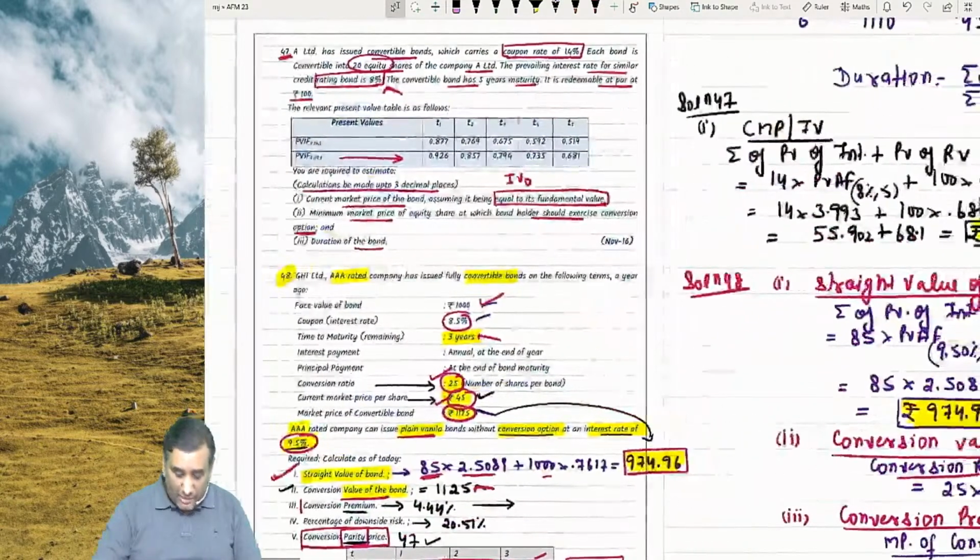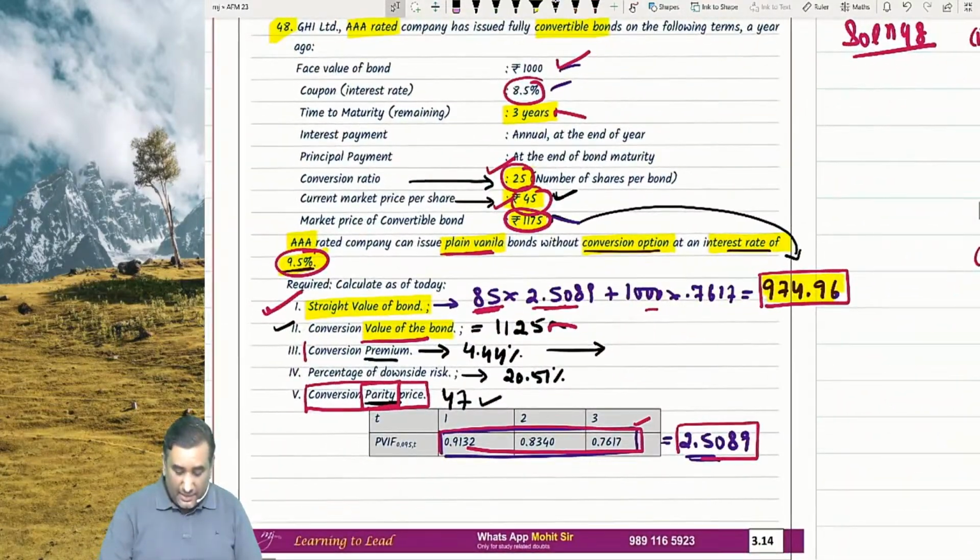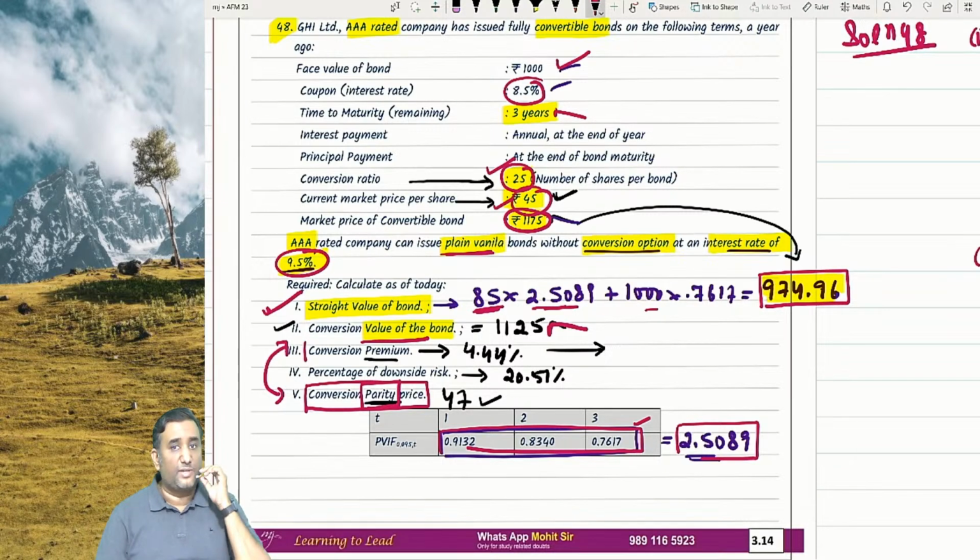1125. Conversion premium indirectly represents this; the third and fifth points are connected. Conversion premium is nothing but this: you are getting a value of 1125, whereas parity would be reached when the price becomes 47, and you have a bond which is 1175.